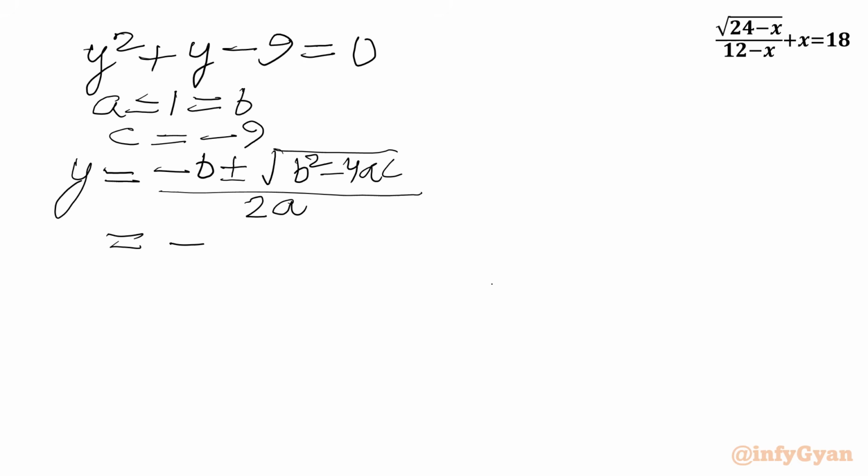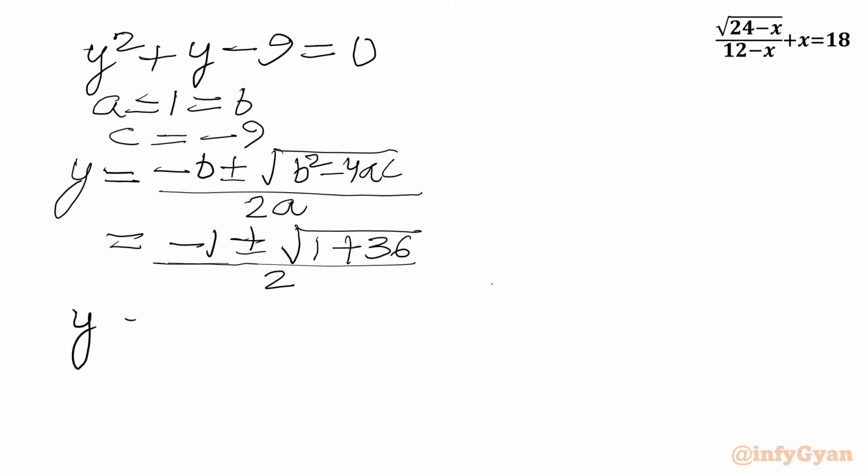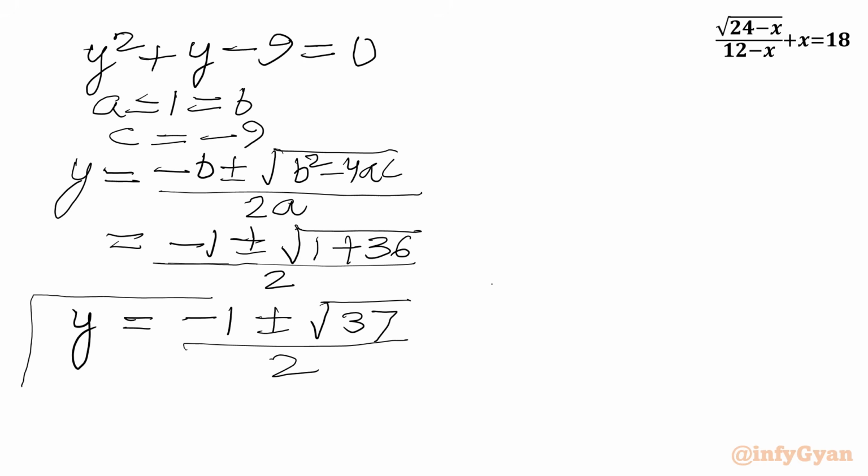We will get minus 1 plus minus the square root of 1 square is 1 minus 4 times 1 times minus 9 plus 36 over 2 times 1. So I am writing 2. So y will become minus 1 plus minus square root 37 over 2. So we have two real values of y.